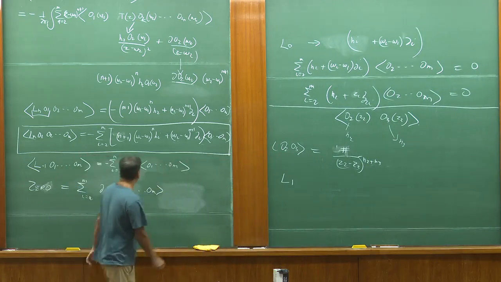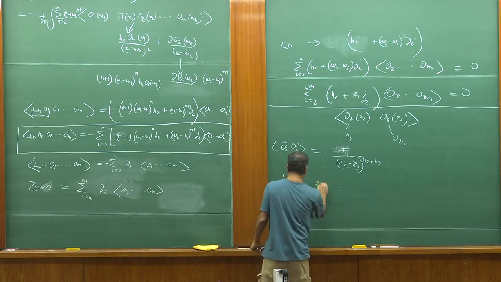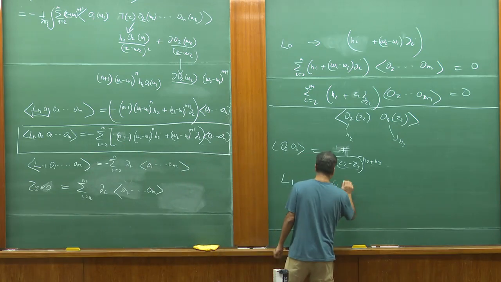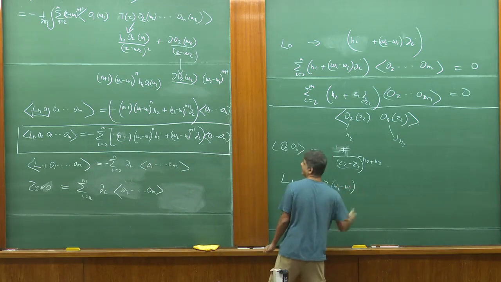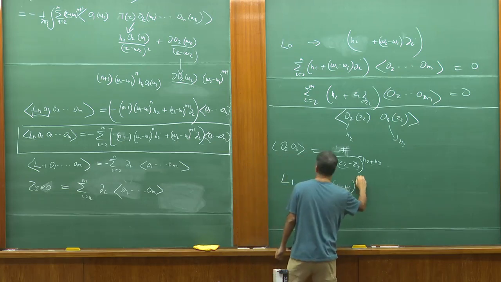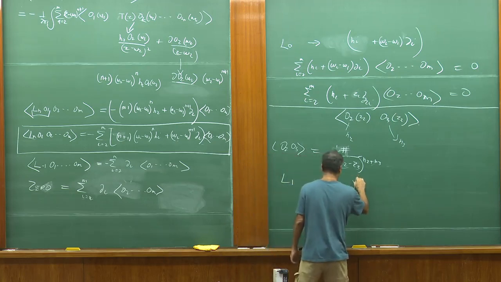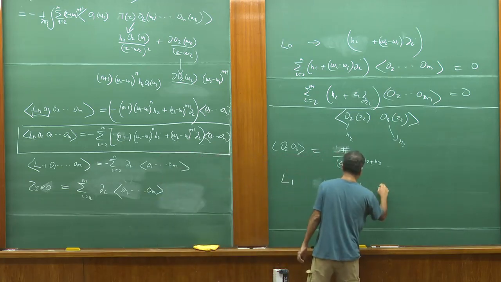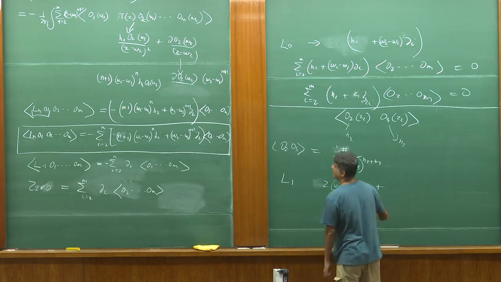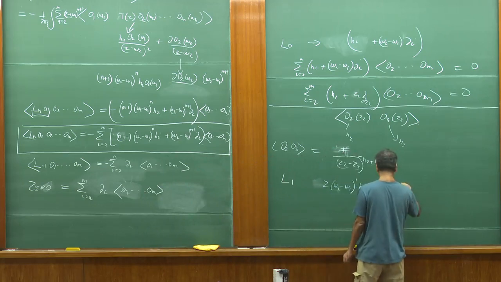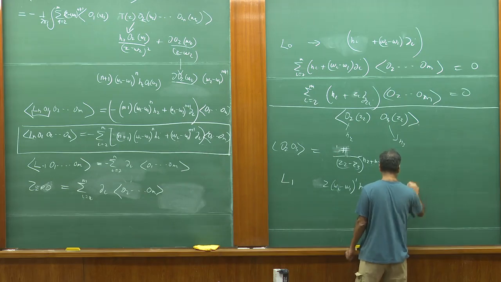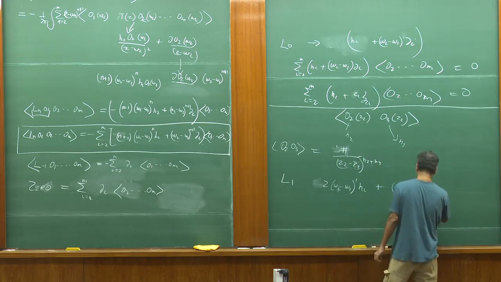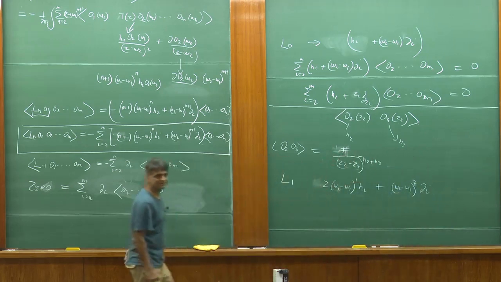Okay, so L1 here gives us a factor of 2, times (omega_i minus omega_1) to the power 1, times h_i, plus (omega_i minus omega_1) to the power 2, times del_i. Right?